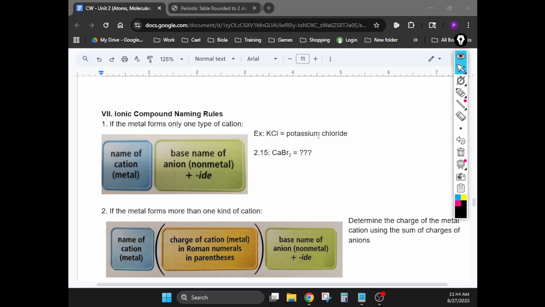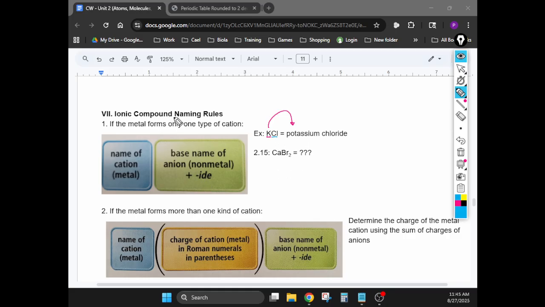Okay, so the way that you write the name of ionic compounds, there are a couple of rules, but they all kind of build on each other, so it's not that bad. Let's take a look at our first example, because I think examples are the easiest way to learn this. So we have KCl. It's made out of K, and the name of K is potassium. The second element is Cl, which is chlorine, right?